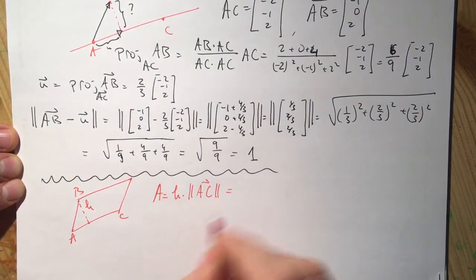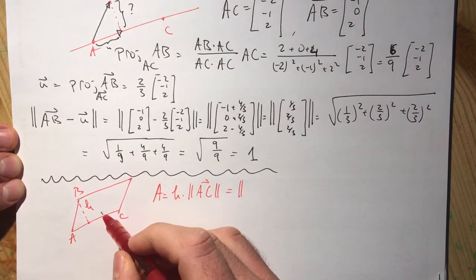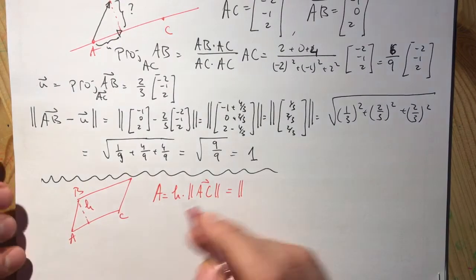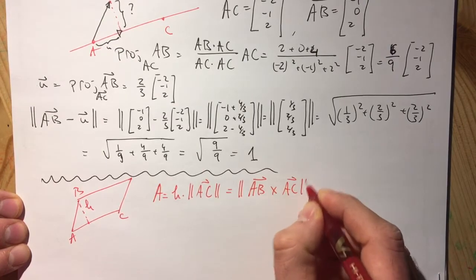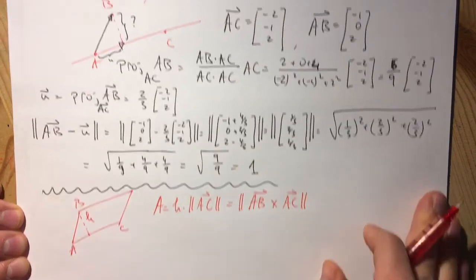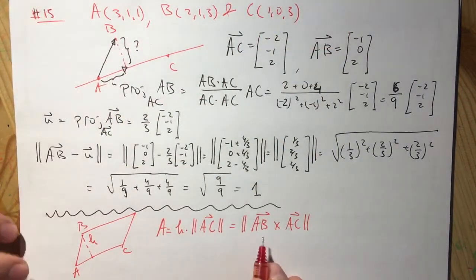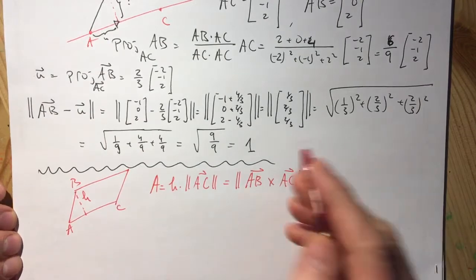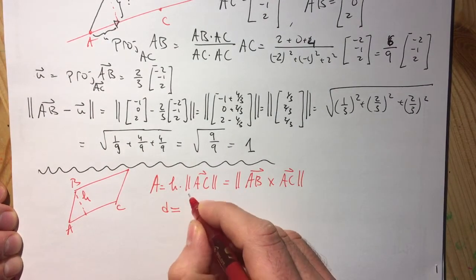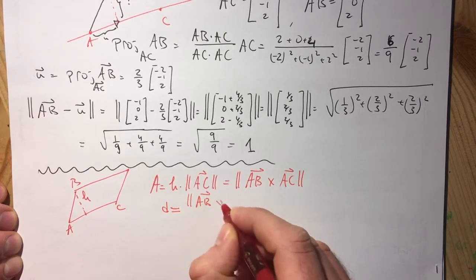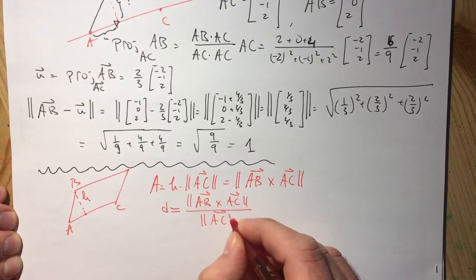On the other hand, that's also equal to the norm of AB cross product AC, since the parallelogram is defined by these two vectors AB and AC. But as you can see, this h is actually the distance from B to the line AC. So you can go through the cross product if you want. Okay, so this h, or our distance, is equal to the norm of AB cross product AC over the norm of AC.